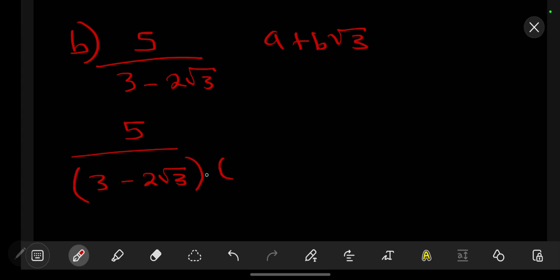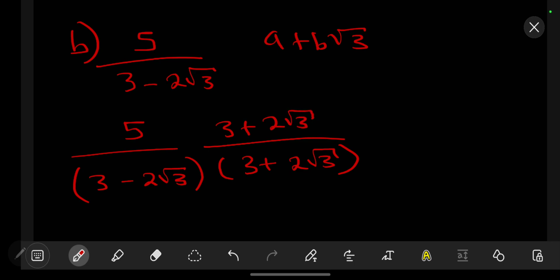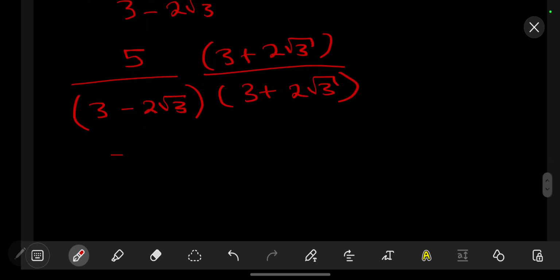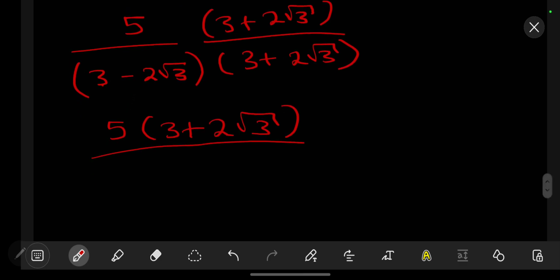So we are going to say this is the same as 3 plus a 2 square root of 3, like that. Then even here we have 3 plus 2 square root of 3, like that. Then we are going to multiply everything.